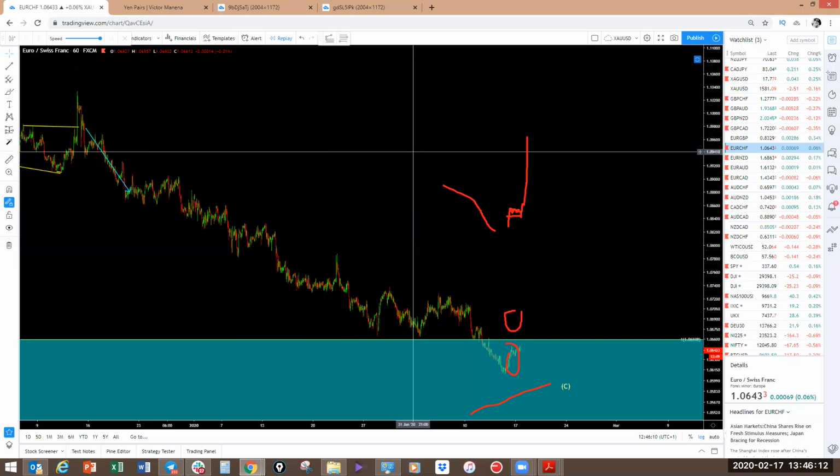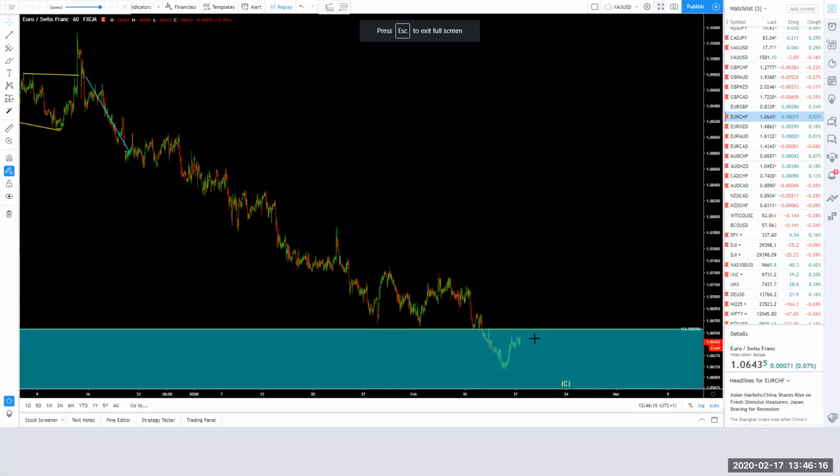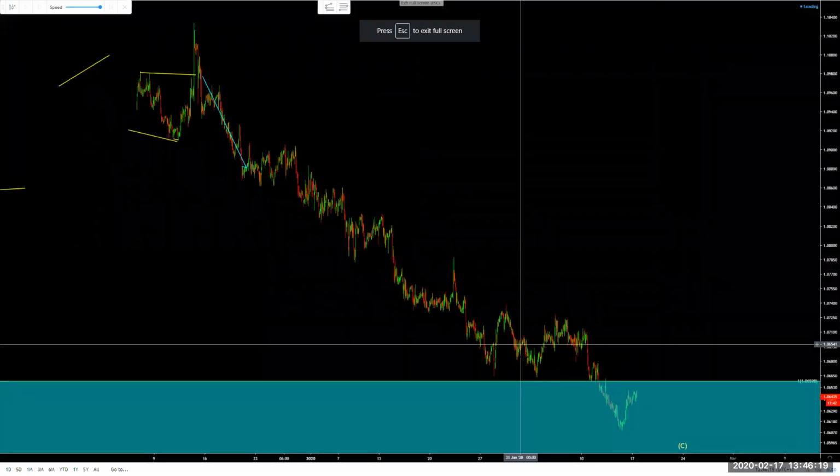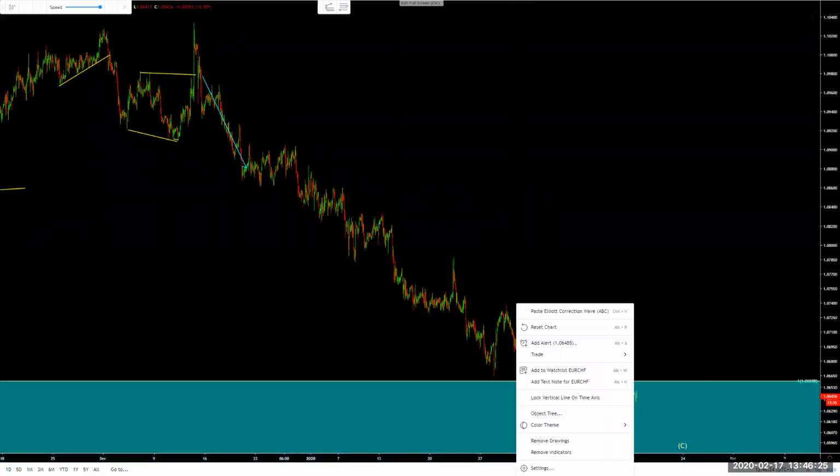Let's look at that, make it clear, make it bigger. Let's take off the blue box there. It looks too big on this time frame. I must not take it out, I must just make it invisible.